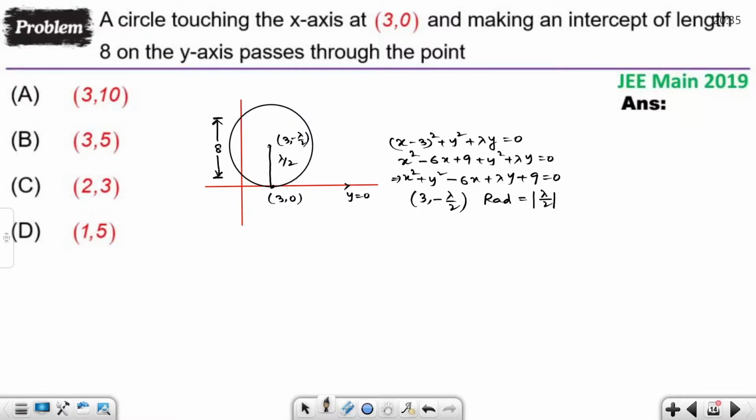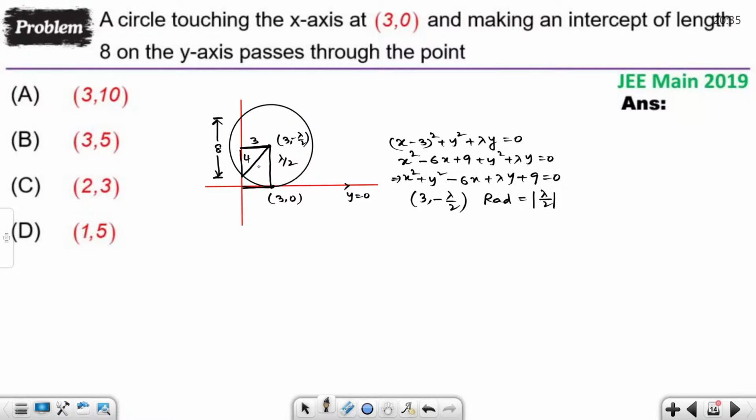Now, let me drop a perpendicular from the center on this chord and let me join this. So this length is the same as this length, which is nothing but 3. At the same time, the length of the chord is 8, so this length will be nothing but 4. Therefore, its radius comes to what?